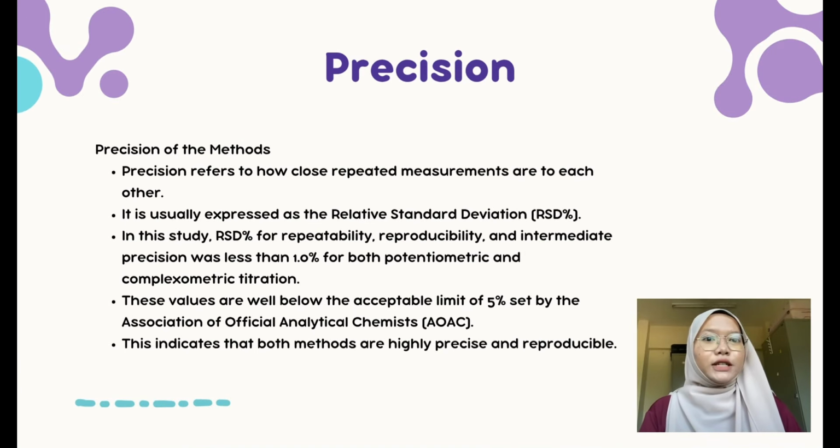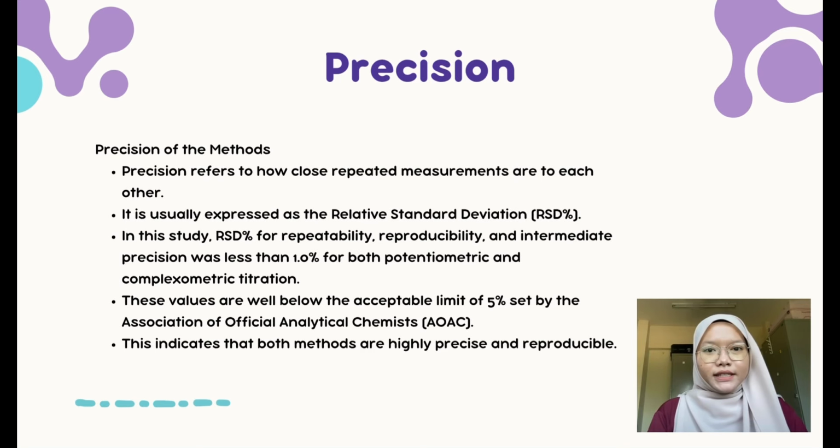Precision refers to the consistency of repeated measurements under the same conditions. It is commonly expressed using the relative standard deviation or RSD. In our study, the RSD values for repeatability, reproducibility, and intermediate precision were all found to be below 1.0% for both potentiometric and complexometric titration methods.